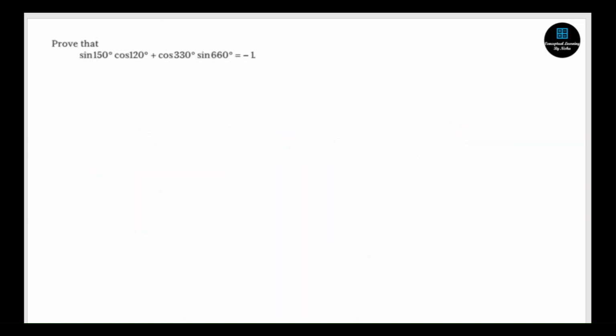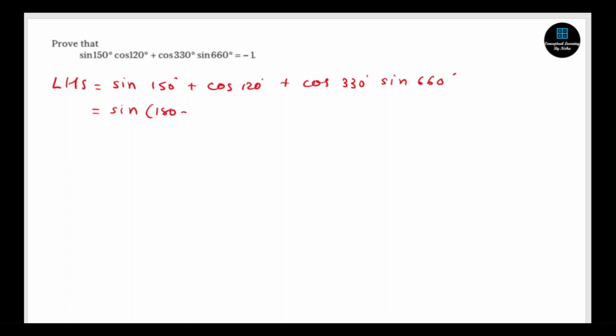Alright. Now this is a similar question. So I can write LHS is equal to sin 150 degree into cos 120 degree plus cos 330 degree into sin 660 degree, right? And we can use a similar thing. So sin 180 minus, I can use 90 plus also, okay, if you want to, but you have to convert them, correct?